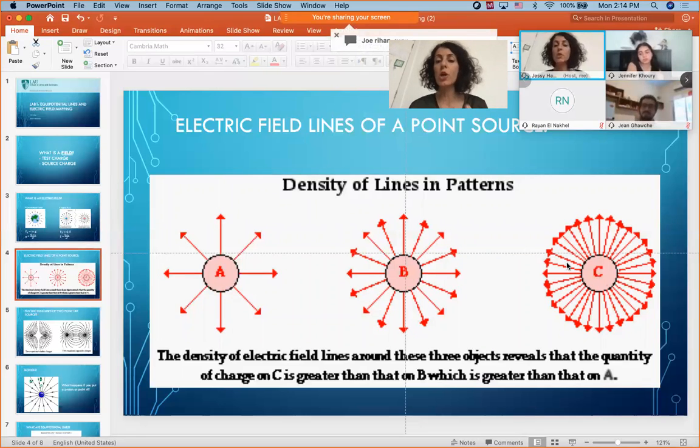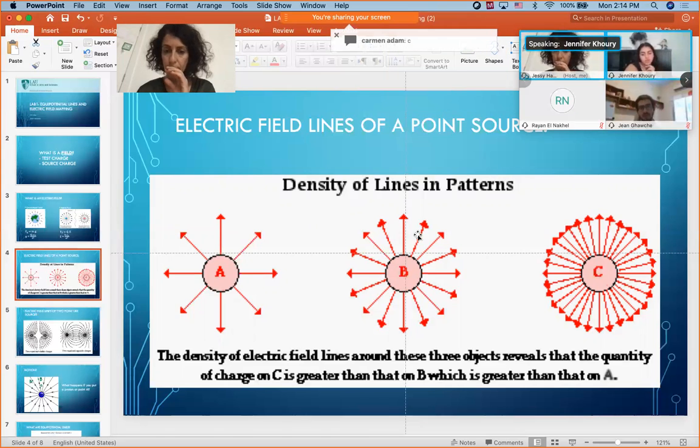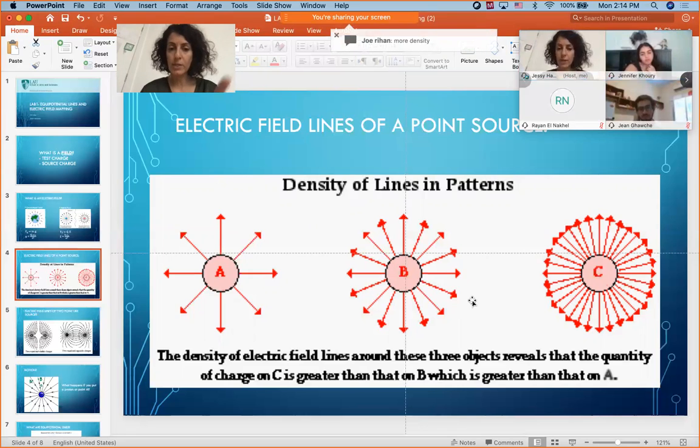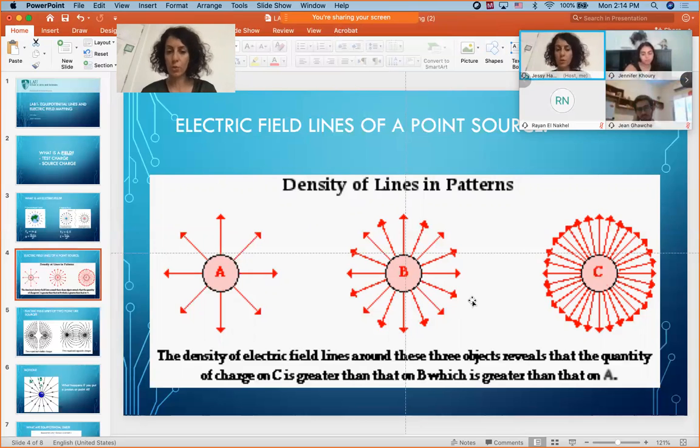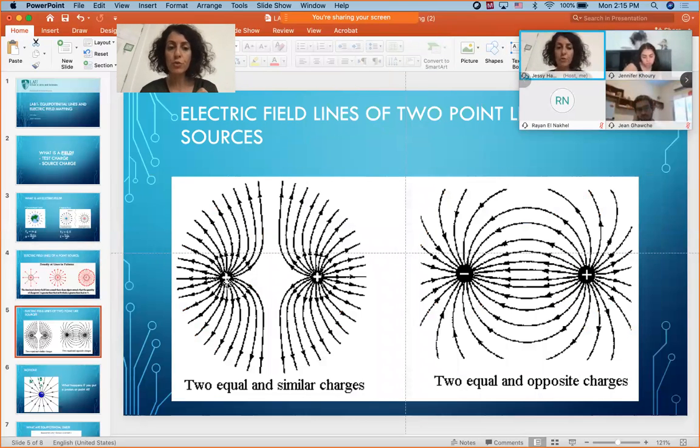Can you tell me which charge has the strongest magnitude? Charge zero. Yes, because there are more arrows pointing outward. Exactly, the number of field lines, or the density of field lines, is proportional to the strength of the source. All right, this is the case if you have two sources.